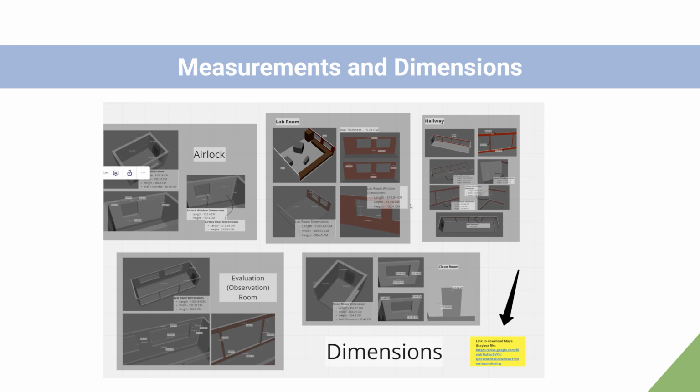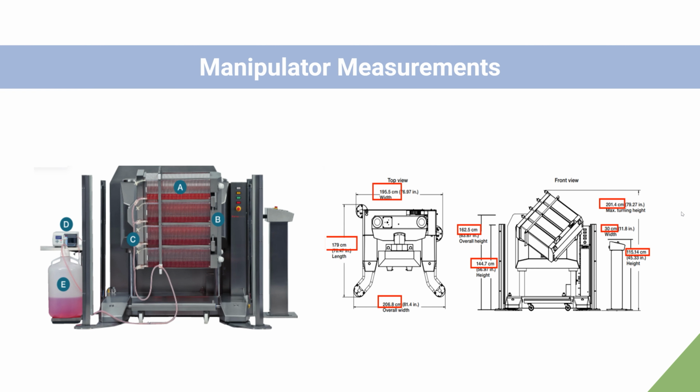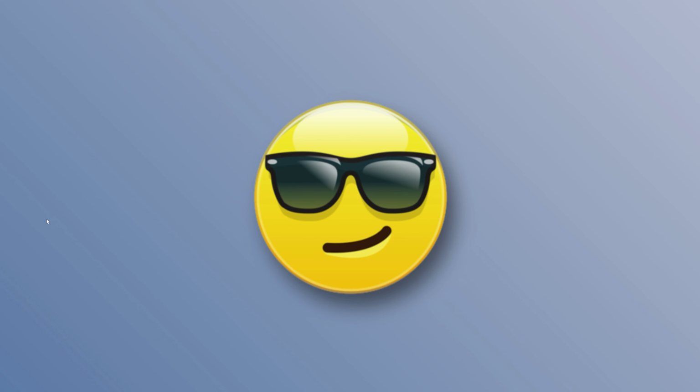She got the measurements for all of the meshes in our simulation. She got all the measurements for all our machines so that when we start modeling them, we'll get the correct measurements.